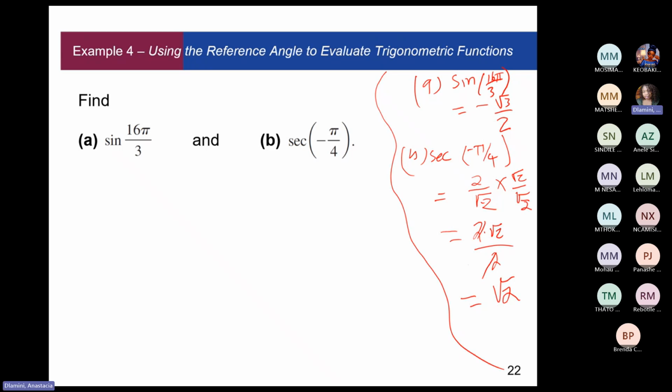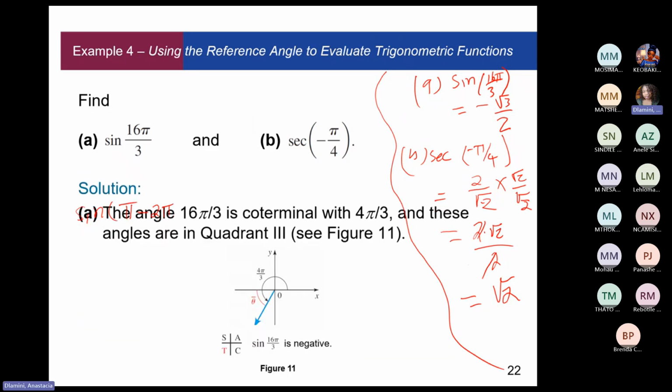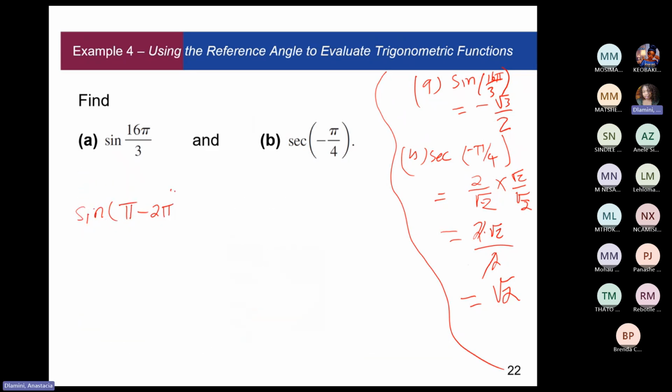I know that I have 16 pi over 3. And we did have something that says sine of theta minus 2 pi is the same as sine theta. Do you remember that one?